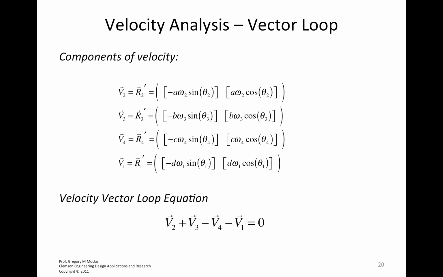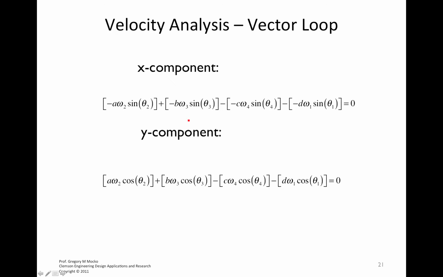Now, taking the velocity vector loop equations in components, x components and y components. So here are the x components and here are the y components. We can substitute them into the vector loop equation. When we substitute them into the vector loop equation, we collect the x components. We have this first expression.